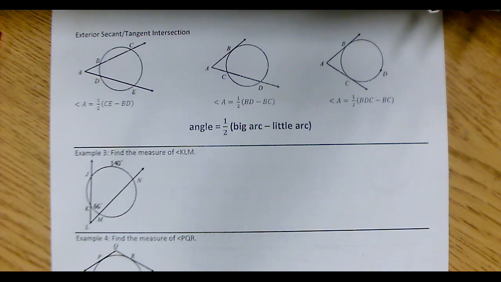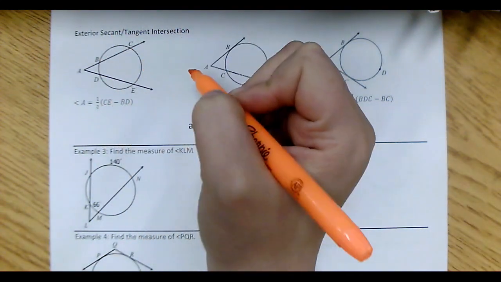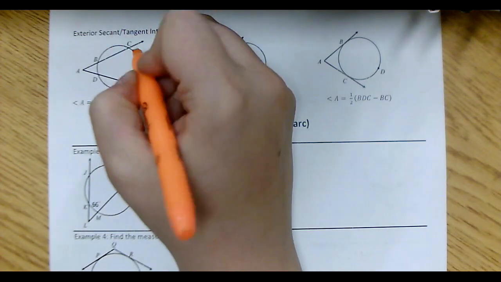So the big deal here is your angle is going to be equal to 1/2 times the difference of your big arc in your circle minus your little arc. So what I mean by that is the big arc is going to be the larger of the two that's in between those two lines.